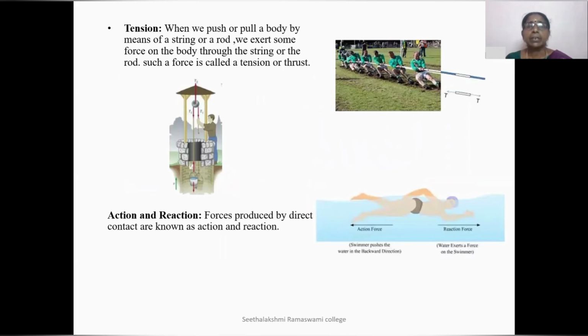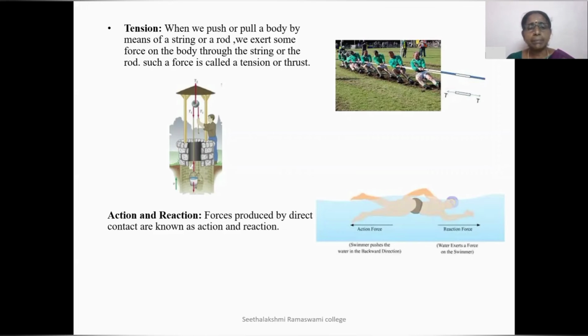Next, tension. When we push or pull a body by means of a string or a rod, we exert some force on the body through the string or rod. Such a force is called a tension or thrust. An example is a tug of war. Then action and reaction. Forces produced by direct contact are known as action and reaction.